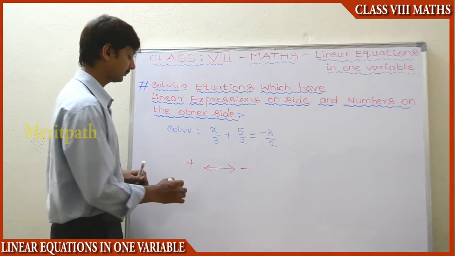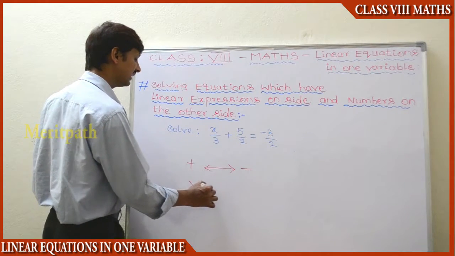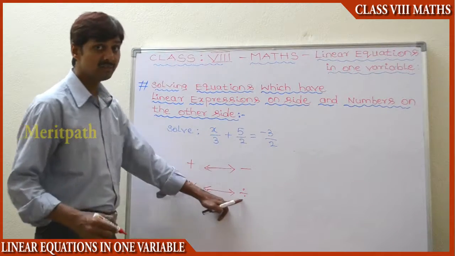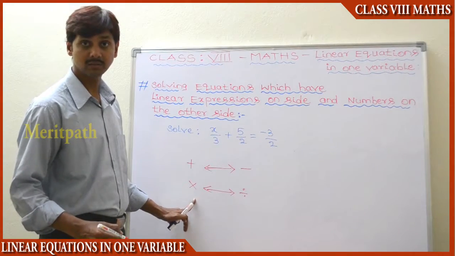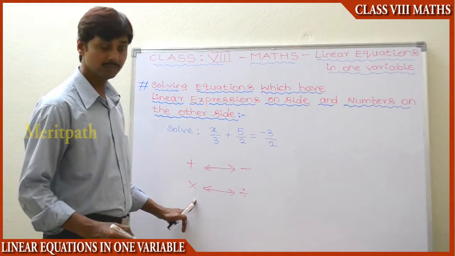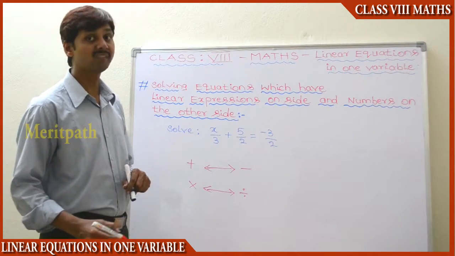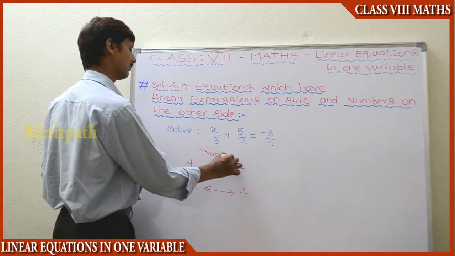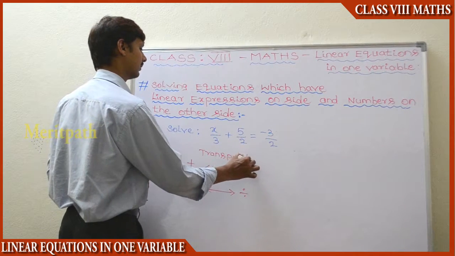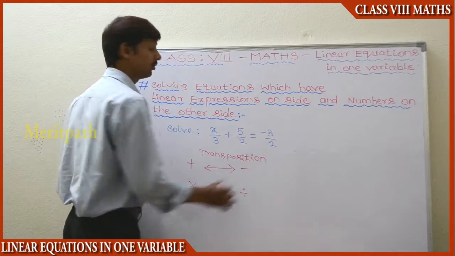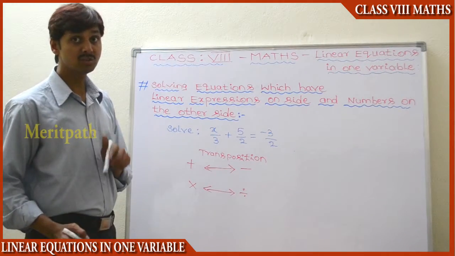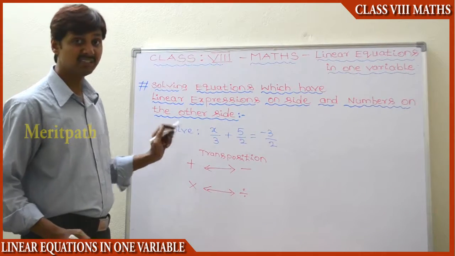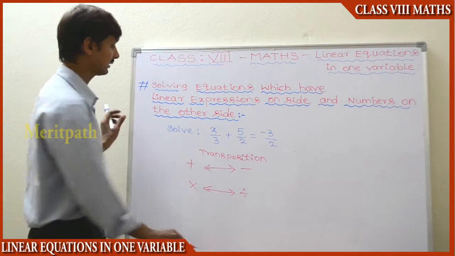And if we have multiplication, it changes to division, and division changes to multiplication while we are transposing. So this is the rule of transposition. So let's apply it: plus to minus, minus to plus, and multiplication and division to each other.